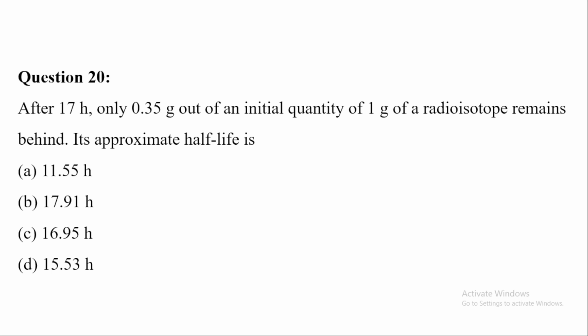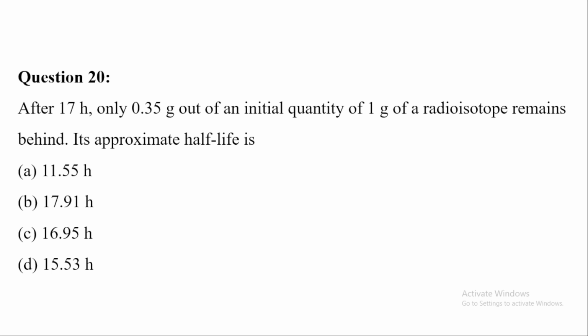Final amount is 0.35 grams. So now N is given, N0 is given. Time is given as 17 hours. So again we can calculate the lambda value first. Once we have the lambda value, we can calculate the half-life.